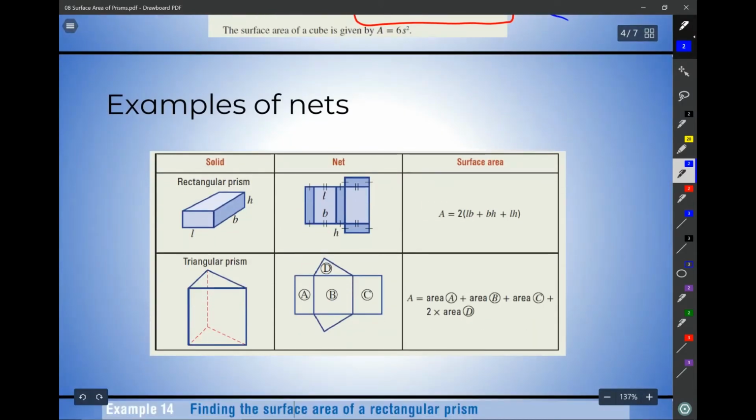So let's look at some different shapes and how we would unfold them, turn them into nets. This is important. Nets. Think of it like that, the unfolded shape.